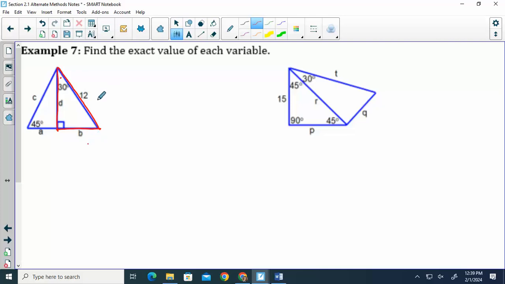And 12 is the hypotenuse, because it's across from the right angle. Okay, what trig function involves opposite and hypotenuse? Sine. So what that means is the sine from my angle, from 30 degrees, equals the opposite side, which is B, over the hypotenuse, which is 12. What is the sine of 30 degrees?